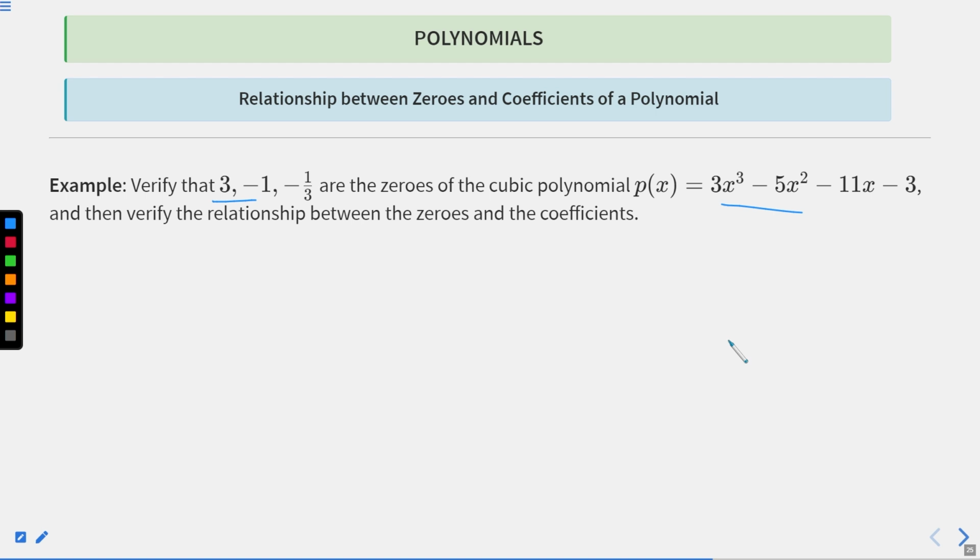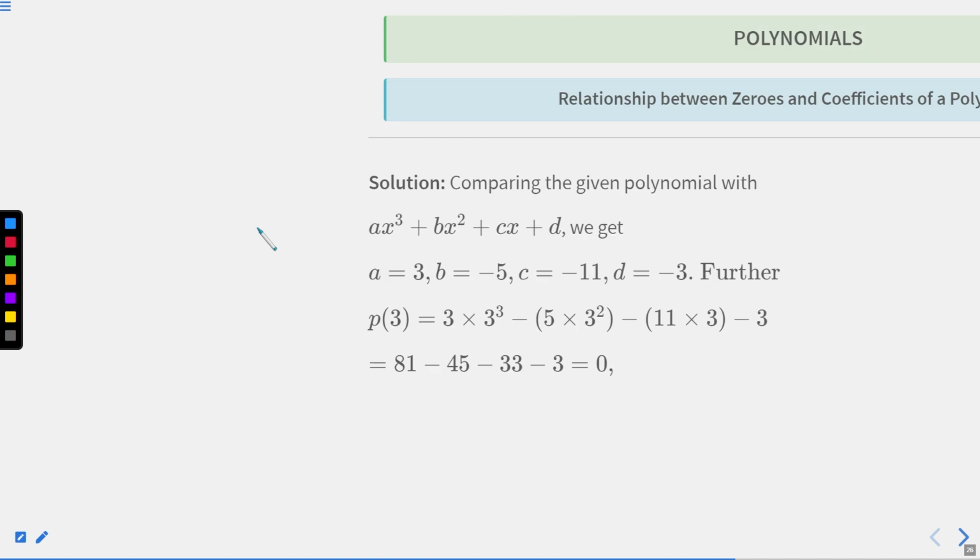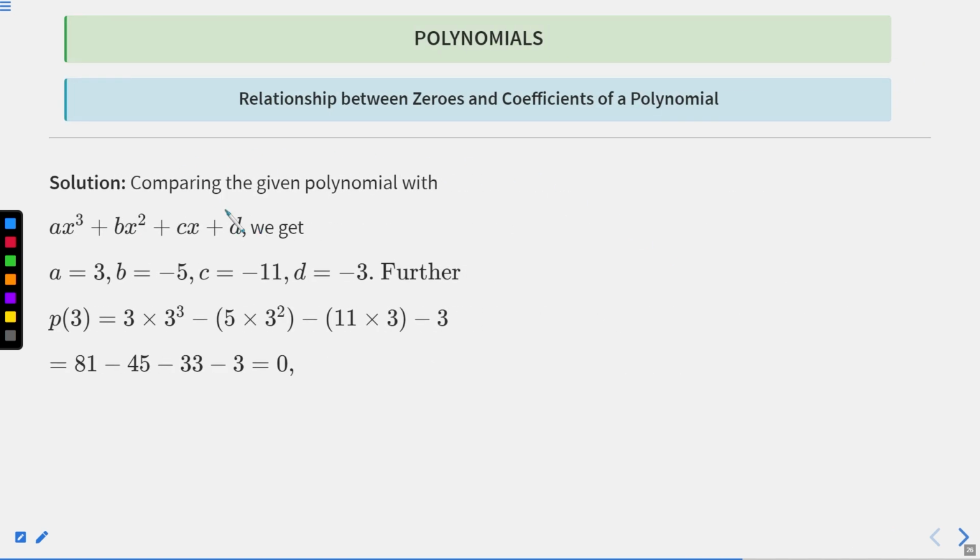So first we have to verify these are the zeros of this cubic polynomial. Comparing the given polynomial with ax cube plus bx square plus cx plus d, we get a is equal to 3, b is equal to minus 5, c is equal to minus 11, and d is equal to minus 3.